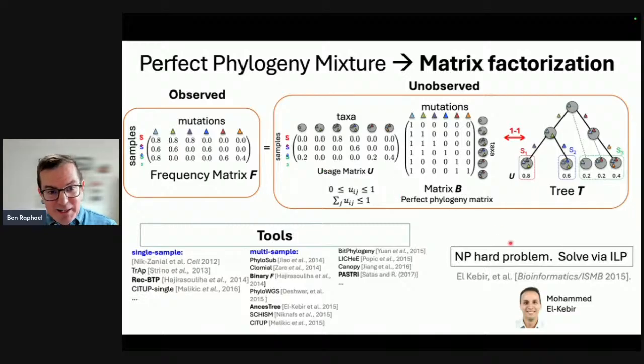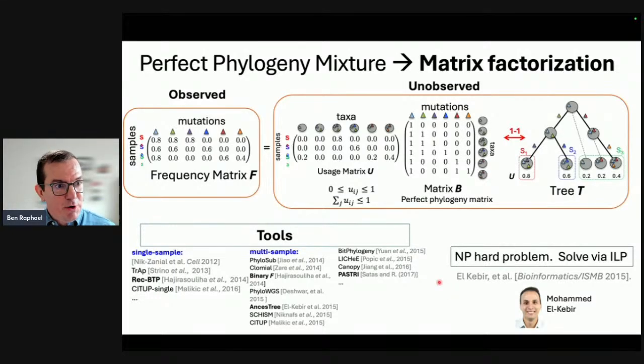About a decade ago now, we posed this as a matrix factorization problem, and we showed that this was an NP-hard problem. We derived an algorithm to solve it using an integer linear program. Prior to that, there were many tools that were solving this problem using a variety of heuristics, trying to turn these frequencies into a phylogenetic tree.